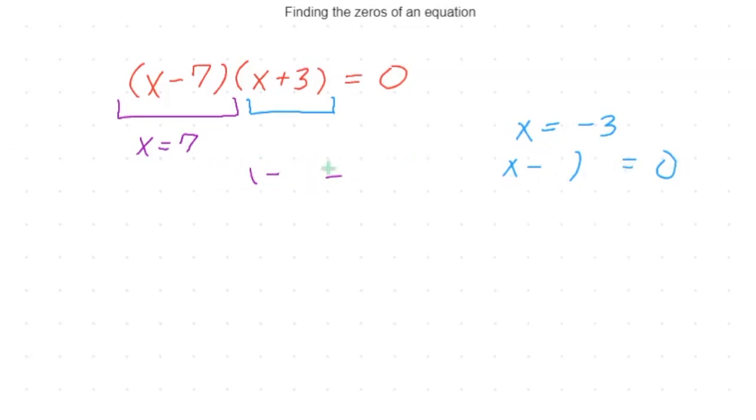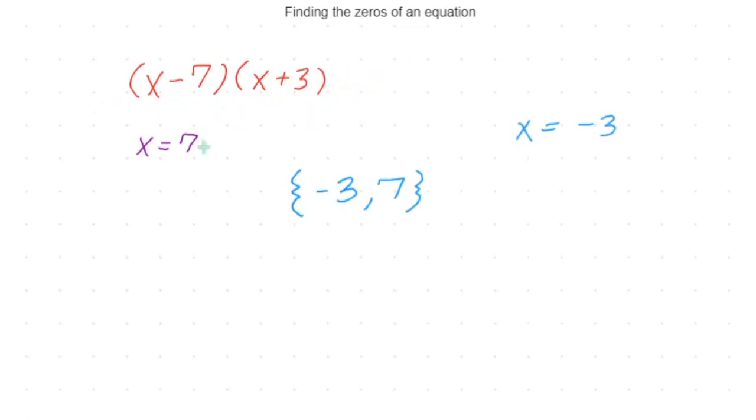How we're going to type or write that is in little brackets, and we would put them in order from least to greatest, so negative 3 and 7. If we had another parentheses in there, let's say we had a 2x minus 1, then there would be a third solution, and we would do 2x minus 1 equals 0.